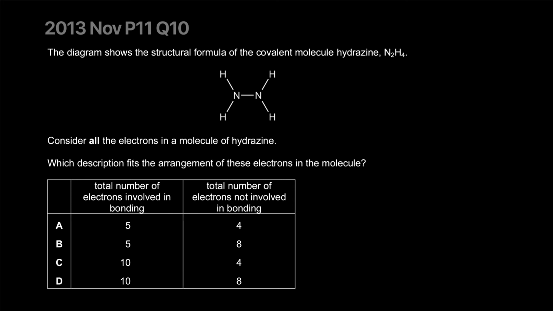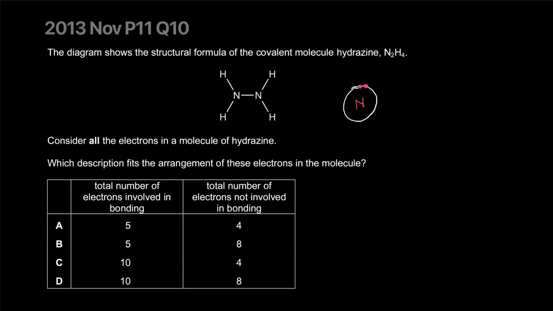So I think the best thing we can do, see if we can draw hydrazine as a dot and cross including the inner electrons. It's gonna look really bad. Or let's just draw nitrogen, right?